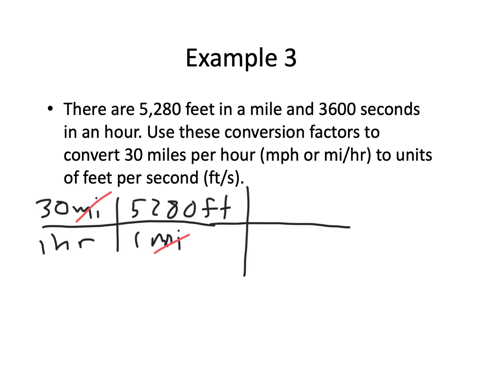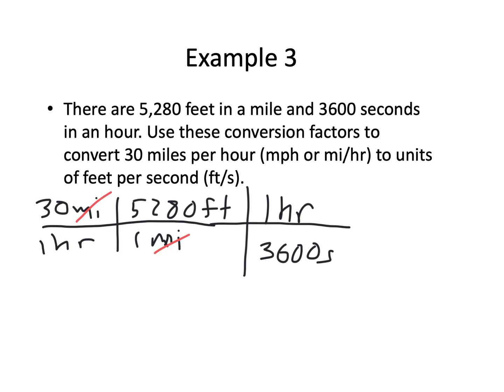And so now I have to get rid of the hour and convert it into seconds. And so I know the conversion factor is 3,600 seconds for every hour. Now where does the hour go and where does the 3,600 seconds go? Well, we know that the hour has to go up on top, 1 hour, and that will be equivalent to 3,600 seconds.